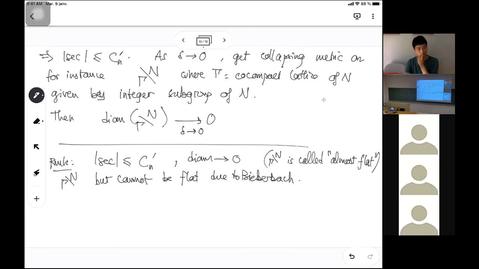I'm going to use 5 minutes to tell you what's going on next. So this example shows you that really only talking about F structures is clearly not enough to describe what's happening in general. In this case, you have this nil manifold that is also collapsing with diameter going to 0.